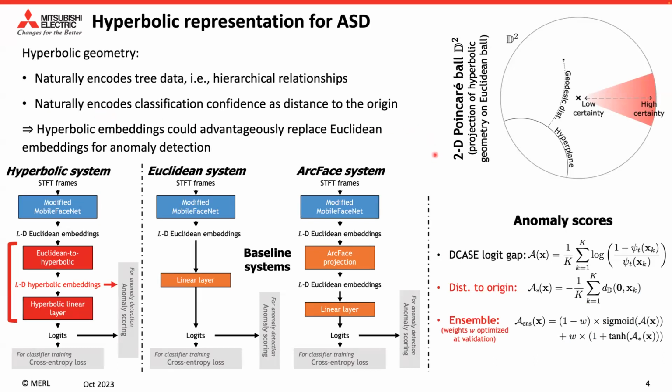Here, as a graphical illustration, we see a projection of a 2D hyperbolic space, the same way we would look at a map as a projection of the Earth on a slide. And here we see the origin and the edge of the hyperbolic space, meaning this is technically infinity. And this encoding of certainty would be this distance to the origin here.